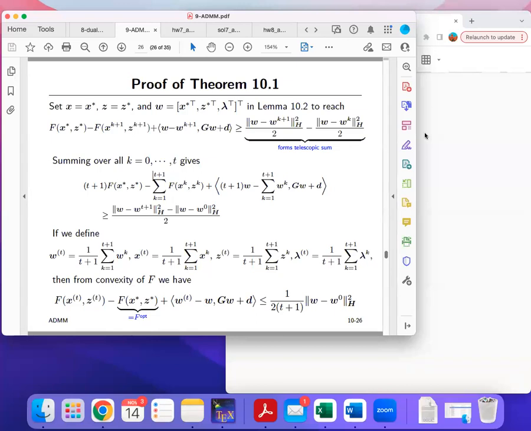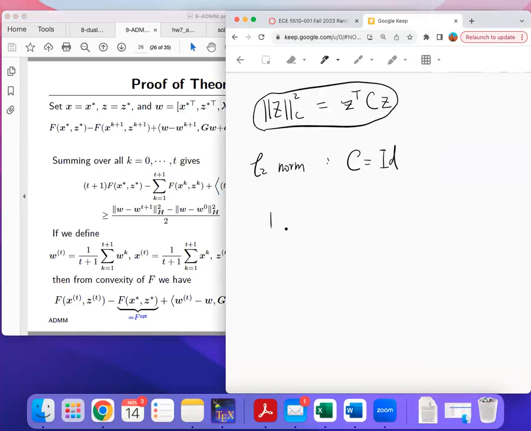So for example, this term will become 1 over t plus 1 sum over f of x_k, z_k. And then subtracting this term.